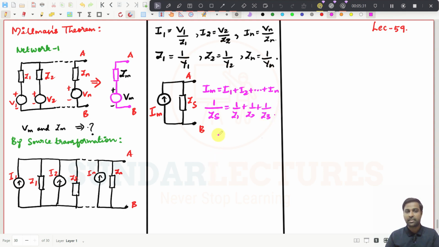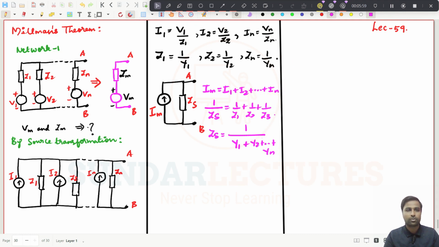Or I can write ZS by inverting this. What is 1 by Z1? 1 by Z1 is Y1, right? So I can write it as Y1 plus Y2 and so on up to Yn.